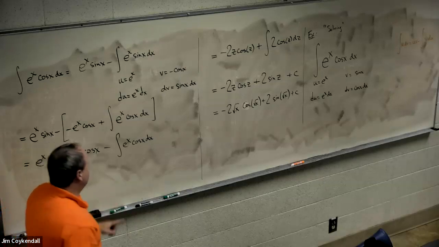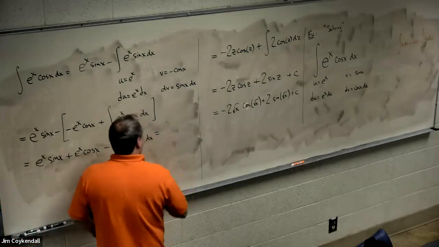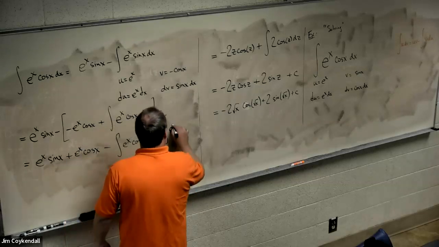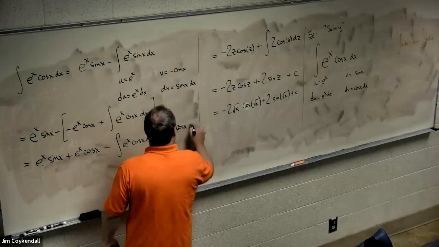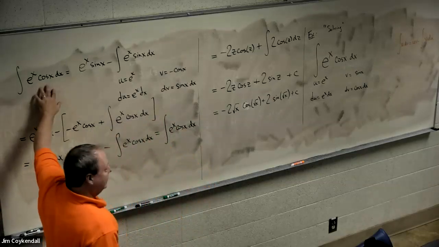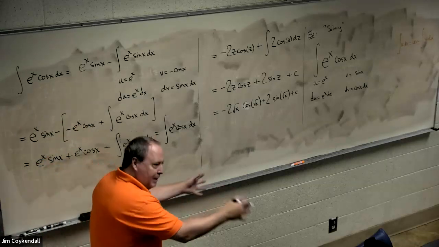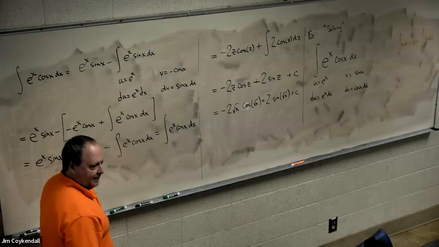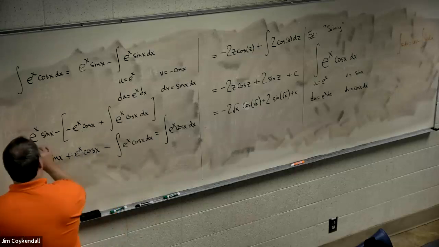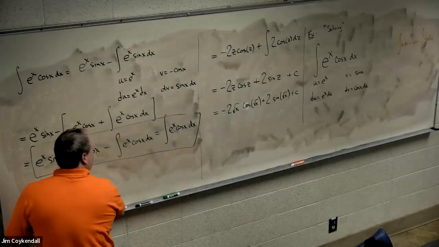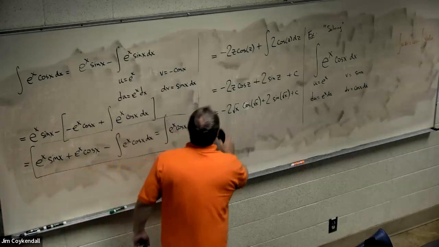Keep in mind this whole thing right here is a rewrite of this. Everybody agree with that? Because this is where we started. We did our magic twice, and this thing is equal to this thing, right? Everybody agree? This is an algebraic equation that you can solve. Bring this over here.